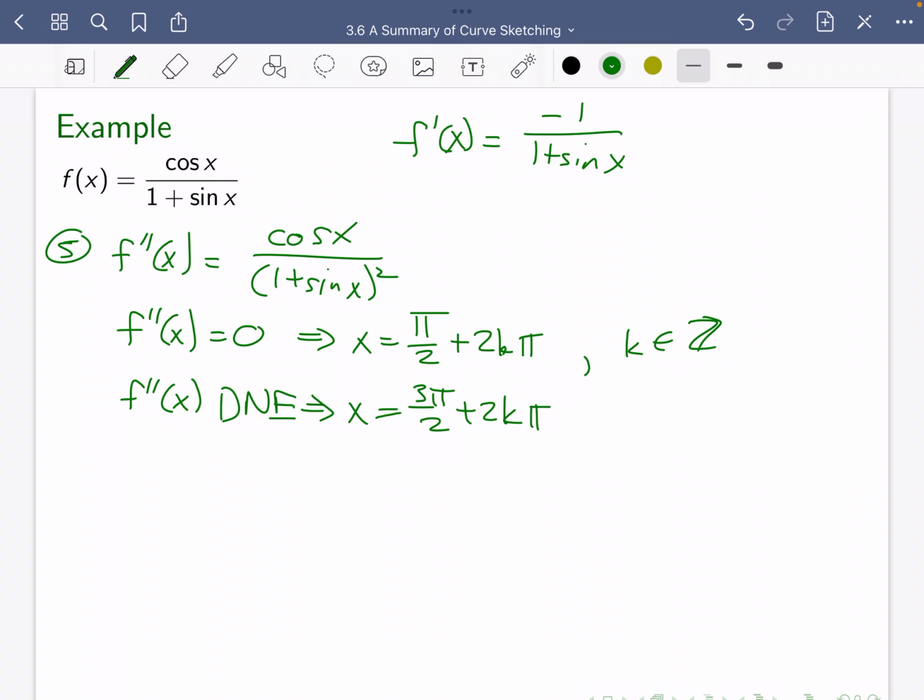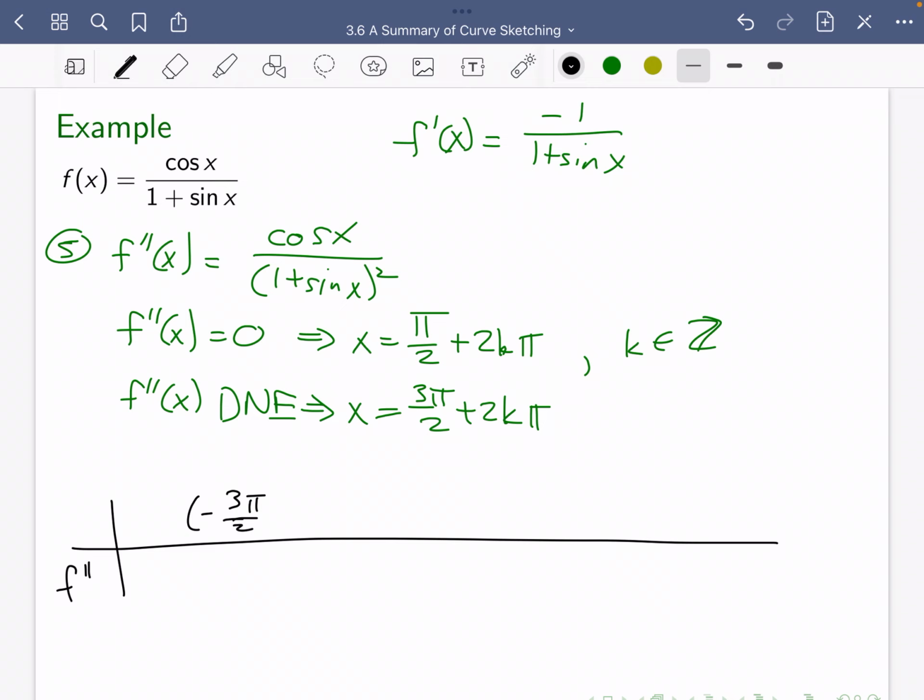And so our sign chart, we're not going to create the full sign chart, but we're going to get an idea of what's happening. So let's go from negative 3 pi over 2 to negative pi over 2.